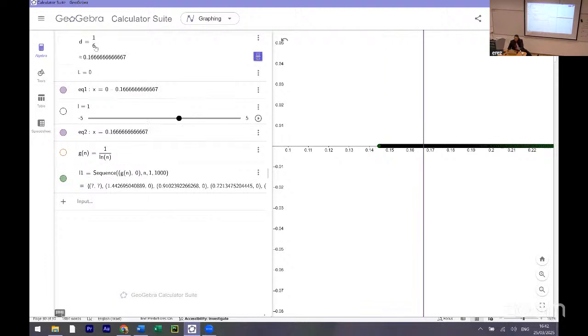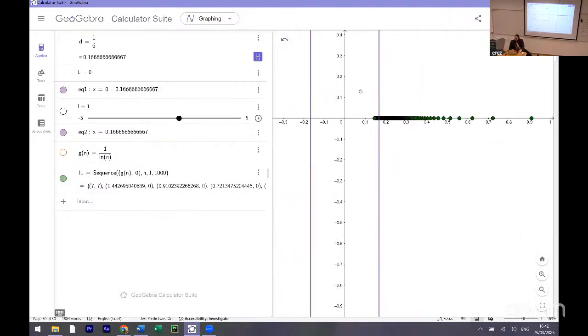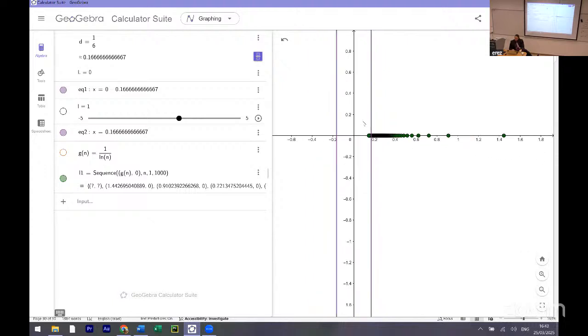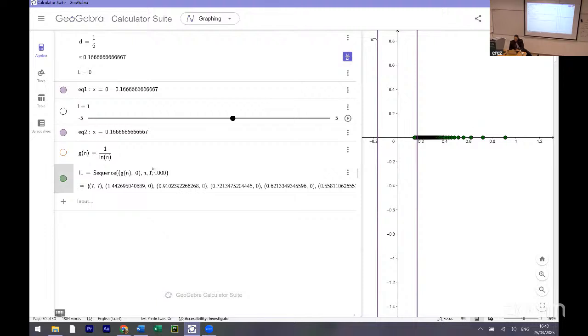So let's take 1 over 6, and let us screenshot. But I will add more elements. Let's take 10,000. Look, I added 10,000 and it hardly budged. That's because ln is such.